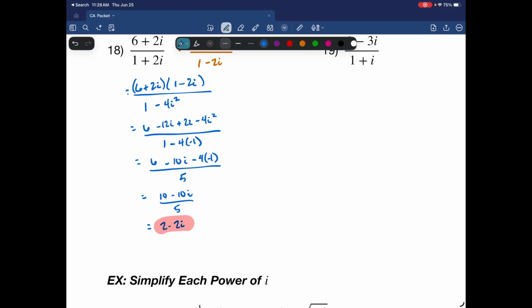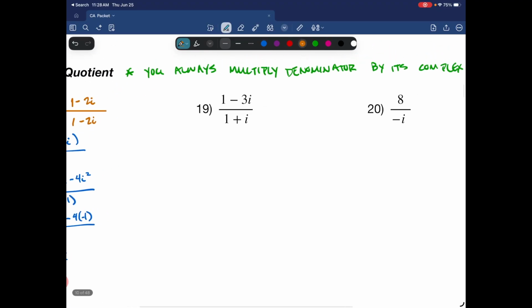All right, same thing on 19. This time I'm going to multiply by 1 minus i, top and bottom. All right, so on top, 1 times 1 is 1. 1 times i is negative i. That's going to be negative 3i, and that's going to be positive 3i squared over 1 minus i squared.